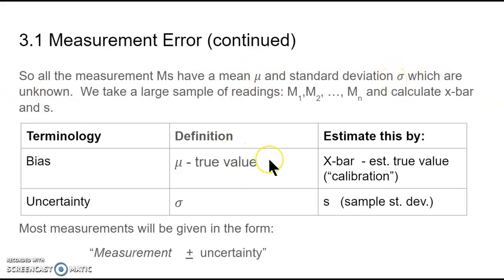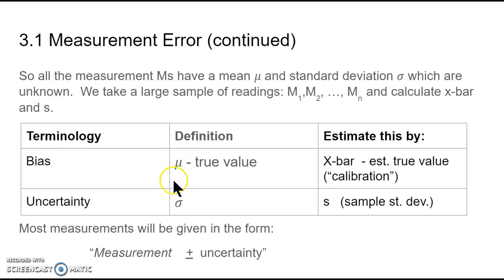Okay. So the things we're interested in are improving our bias and improving our uncertainty. And this bias is the real mean minus the true value.